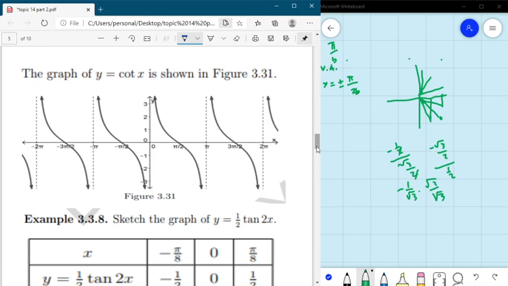So it is the same as cosecant. Where is the cosine 0? It is at negative pi over 2, and pi over 2. There it is 0 over 1, and at pi over 2 it is 0 over negative 1.